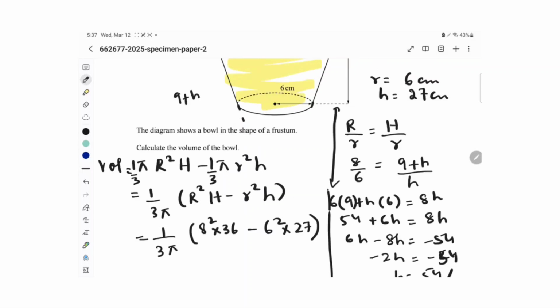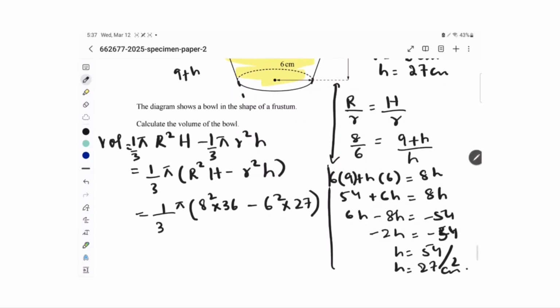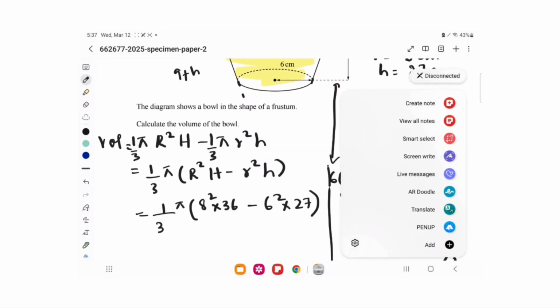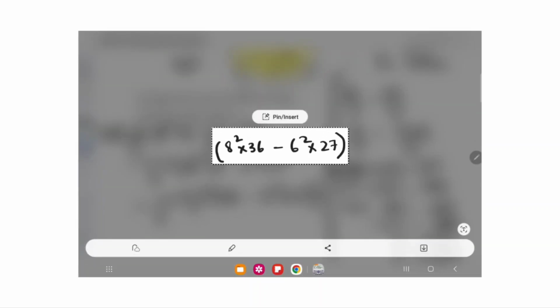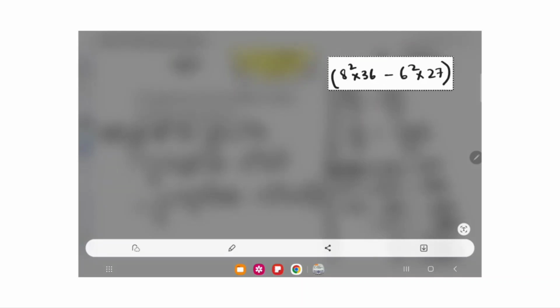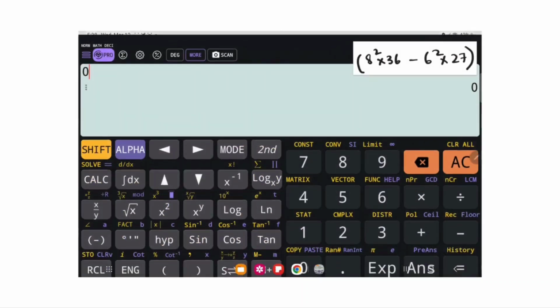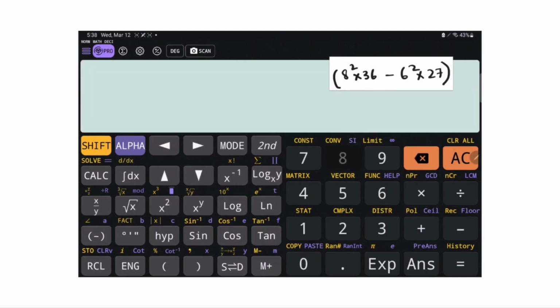Now we are going to calculate. Pi upon 3 you can write down, so calculate the bracket and then multiply by pi over 3. 8 square into 36 minus 6 square into 27 is 1332.